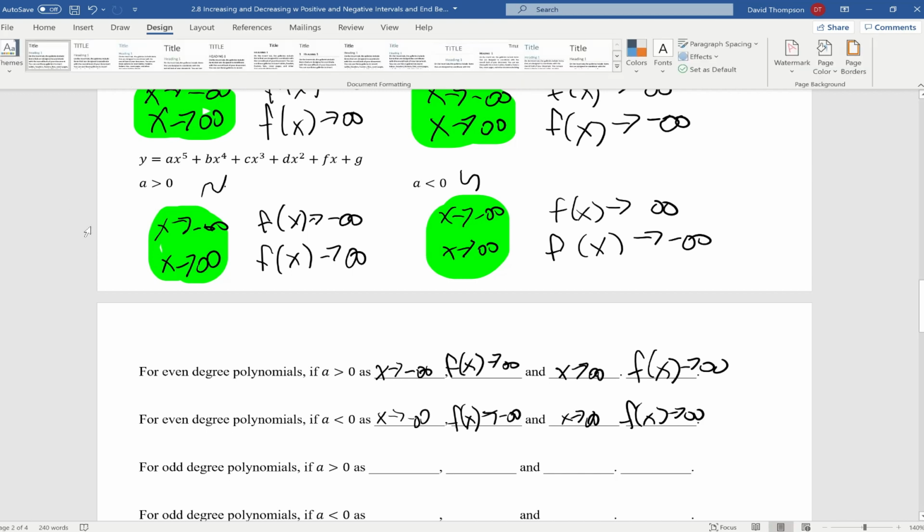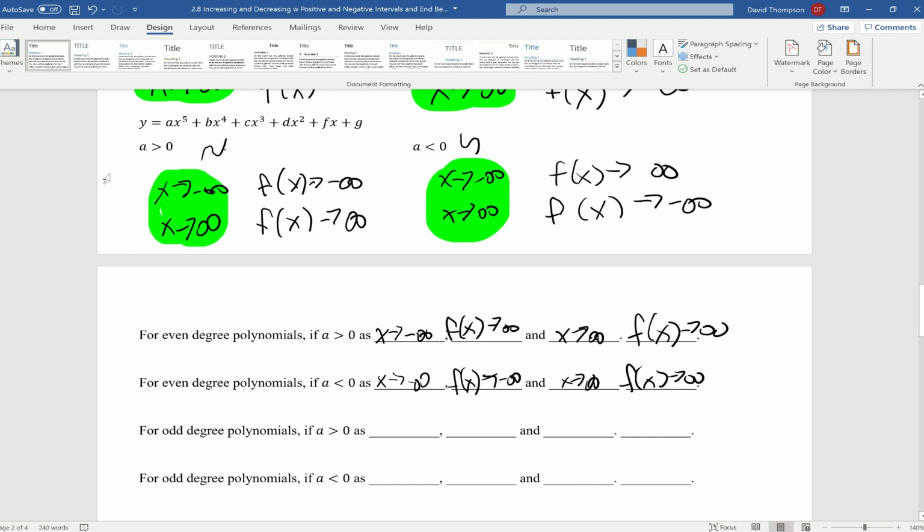Now, for our odd degree polynomials, like our 5th, if a is greater than 0, as x approaches negative infinity, f of x approaches negative infinity.